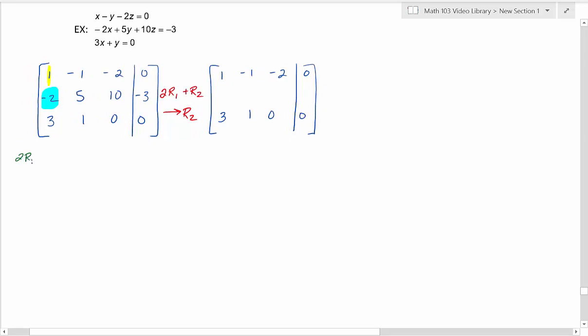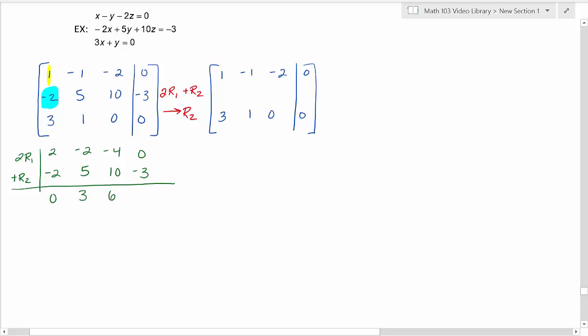I need to do 2 times row 1 and add it to row 2. 2 times row 1 gives us 2, -2, -4, 0. And we'll add that to row 2 as is. We end up with 0, 3, 6, -3. That's our new row 2.